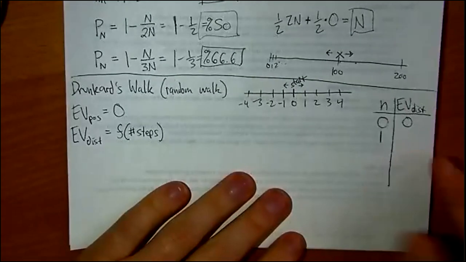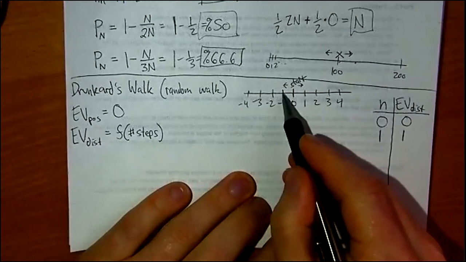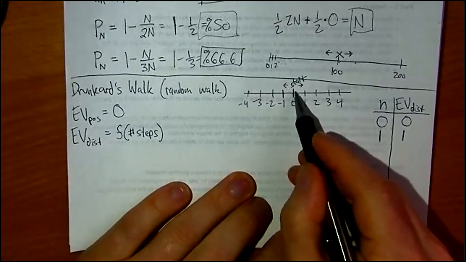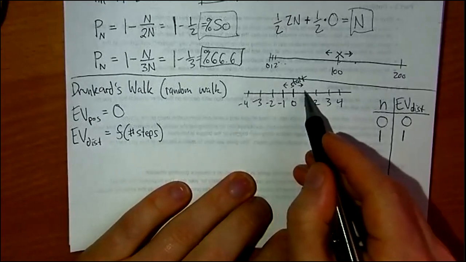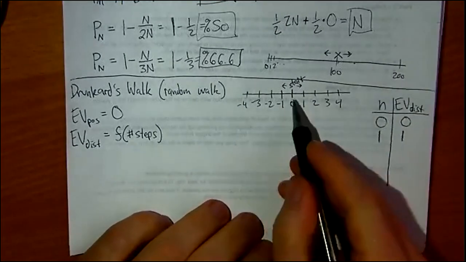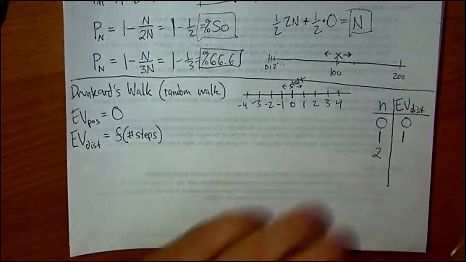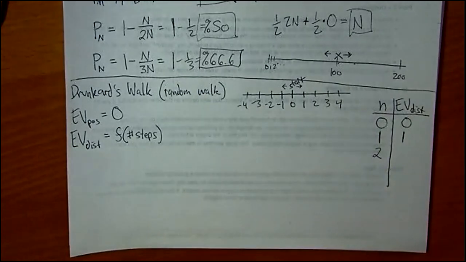Then my expected value is going to be 1, because I have a 50% chance of going this way, which means I'm 1 step away, or a 50% chance of going that way, which also means I'm 1 step away. Either way, I'm going to be distance 1 from the origin. How about after 2 steps? What's going to happen?